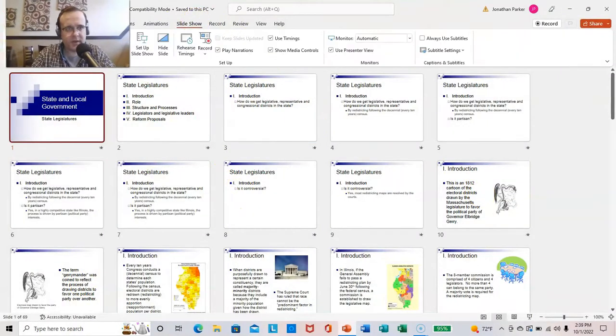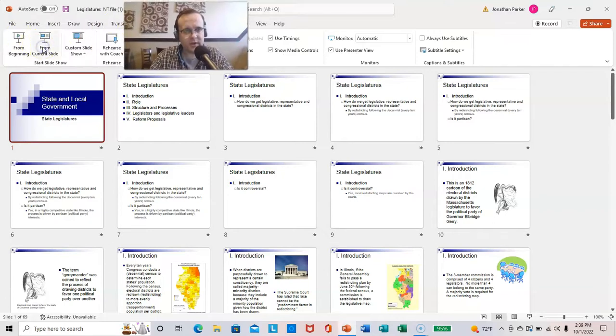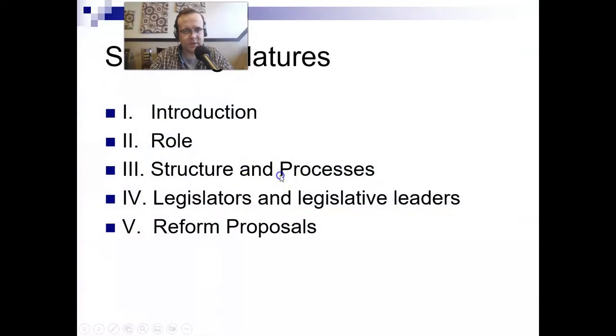So the first thing I wanted to touch on is gerrymandering.